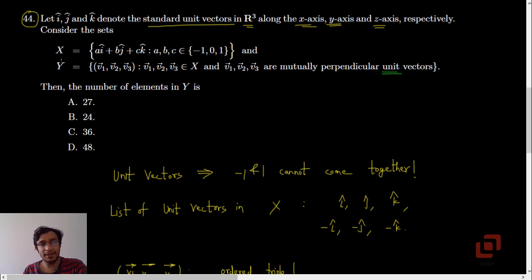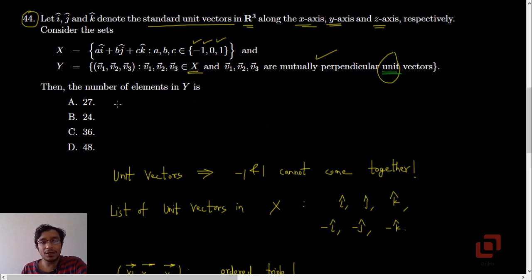Consider the sets X and Y, where X is ai cap plus bj cap plus ck cap, such that a, b and c belong to the set {-1, 0, 1}, and Y is the set of ordered triplets (v1 bar, v2 bar, v3 bar), such that v1 bar, v2 bar and v3 bar belong to X, and they are mutually perpendicular unit vectors. Then the number of elements in Y is.